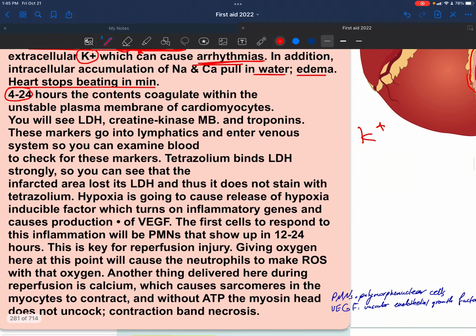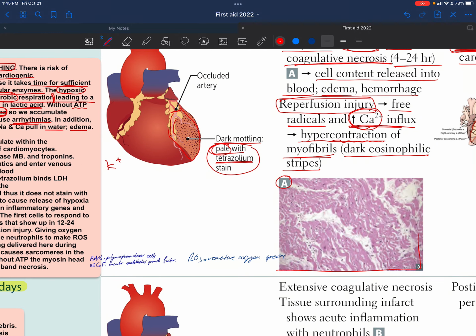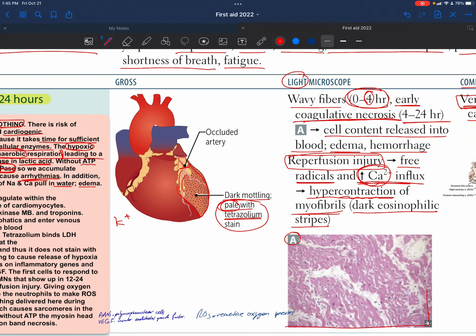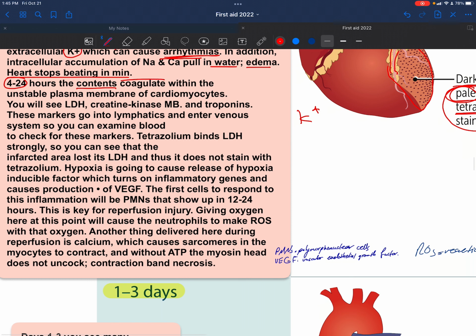After those 4 to 24 hours, the contents coagulate with the unstable plasma membrane of cardiomyocytes. So that's the start of coagulative necrosis, the early coagulative necrosis. We will see lactate dehydrogenase, creatine kinase MB, and the troponins.